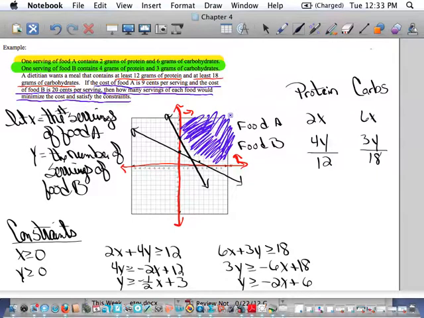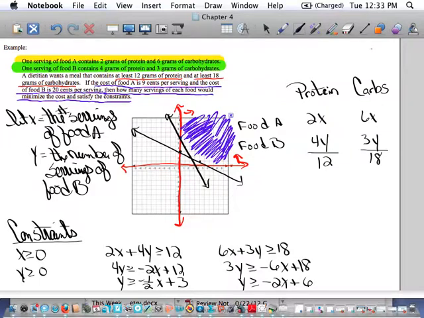So now I'm going to look for my vertices. I have one at 0, 6. I have one that looks like it is at 6, 0. And one that looks like it is at 2, 2. Okay.